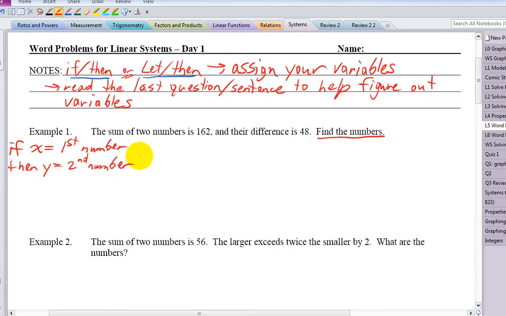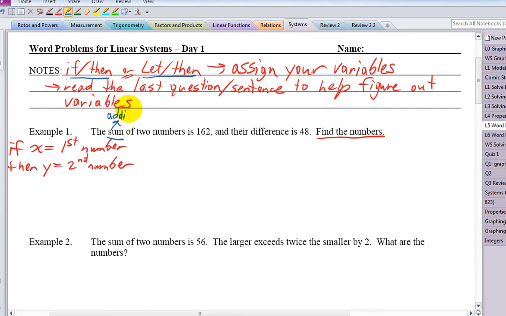Now our word problem isn't distinguishing the smaller number and the larger number. So when we do our if-then, we don't have to use larger or smaller number. We can just use one number and other number. Okay. So let's look at our first sentence, the first part. The sum. What does sum mean? Addition.